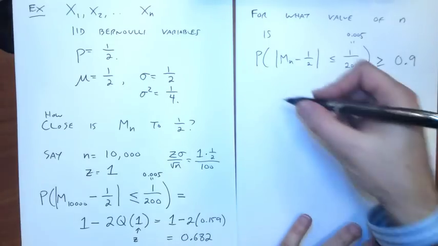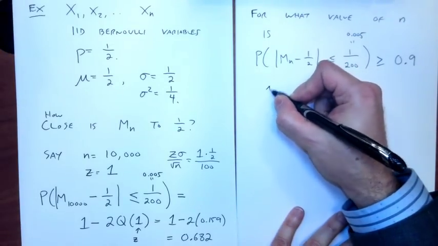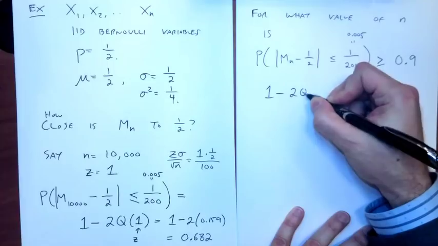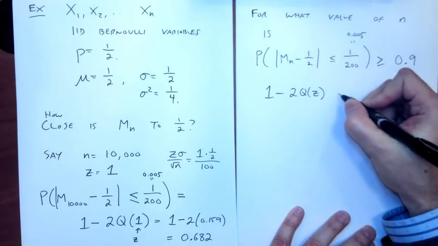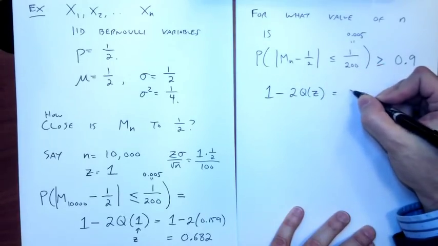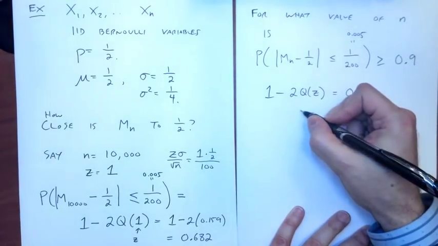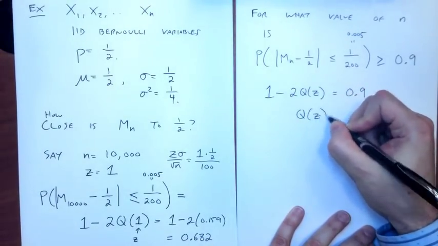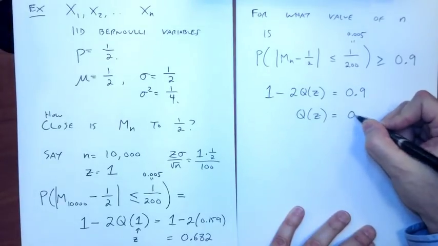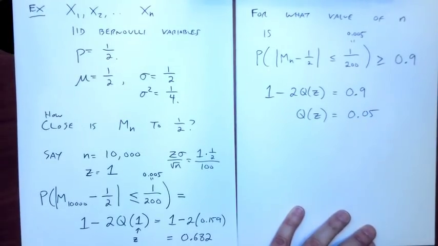This would be like saying, okay, I need to have 1 minus 2Q of some z value equal to 0.9, which means that Q of that z value would need to be 0.05, right?